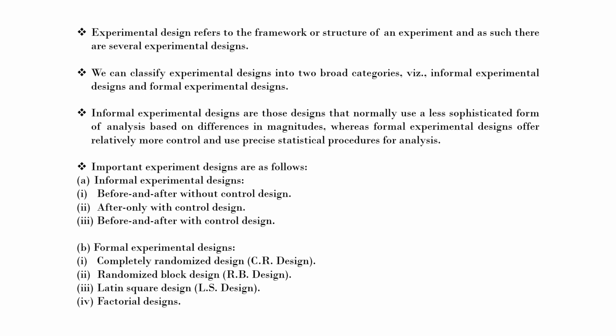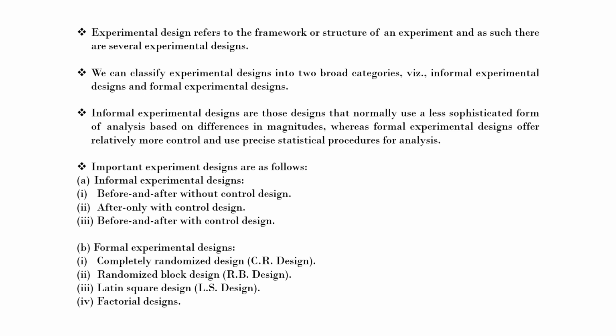We have a less structured framework, with very little framework during the analysis portion. In the case of formal experimental designs, there is more precision and more control over the experiments and the procedures.